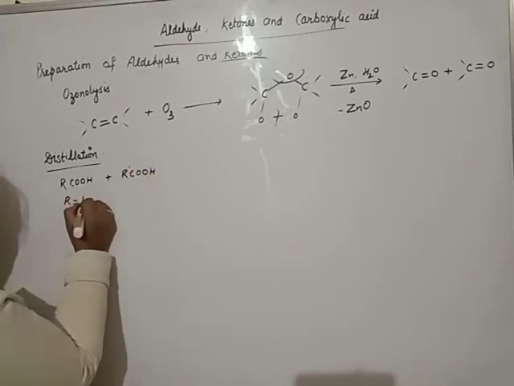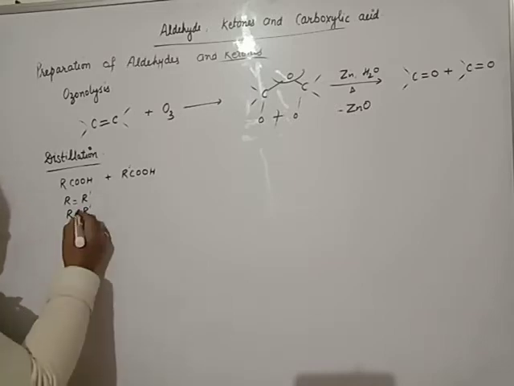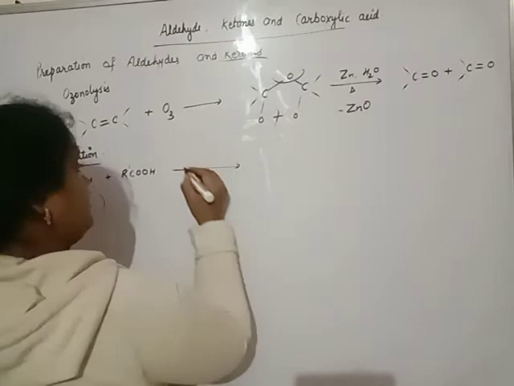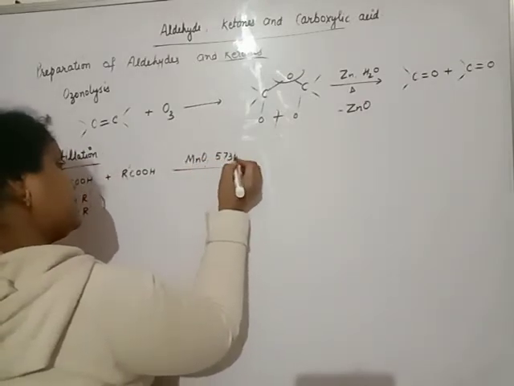Both may be the same, may not be the same. You will add manganese oxide at 573 Kelvin temperature.